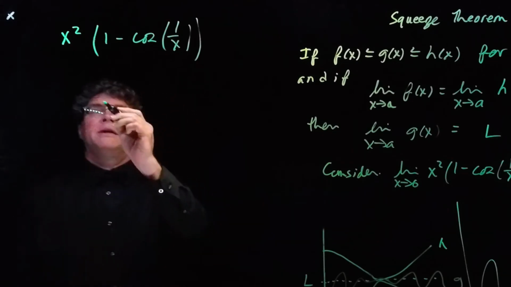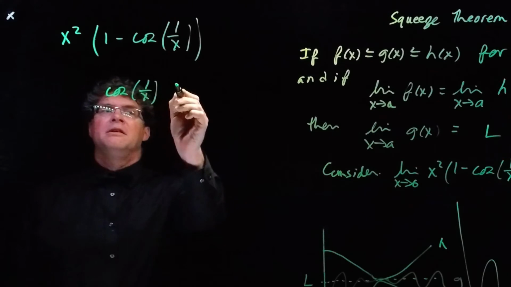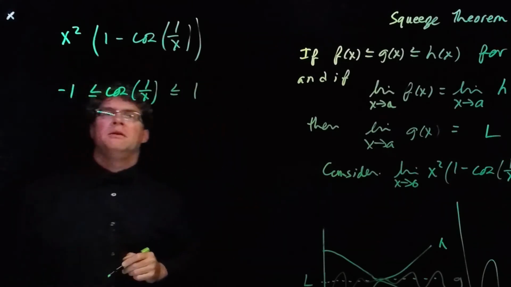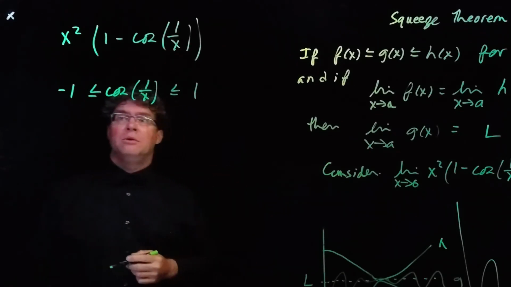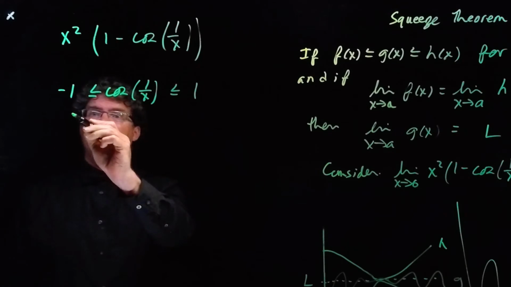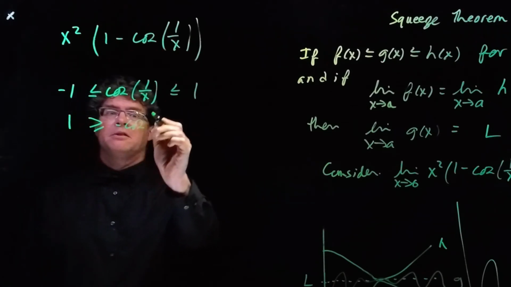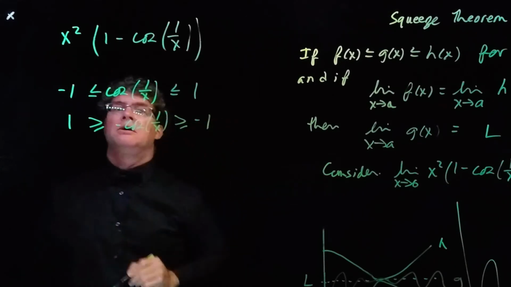And we know that cosine 1 over x is going to lie between 1 and minus 1. And so if we multiply through by minus 1, we have 1 is greater than or equal to minus cosine 1 over x is greater than or equal to minus 1.